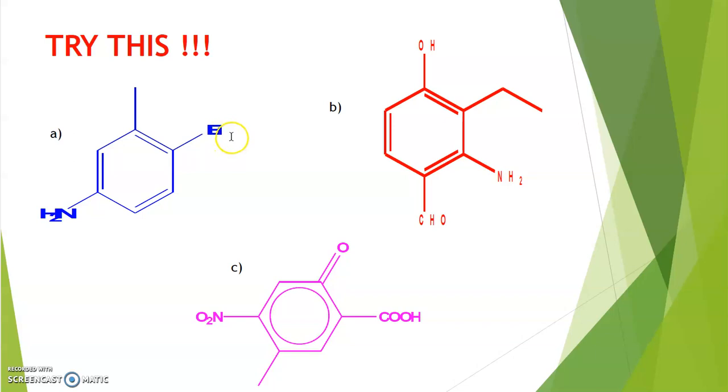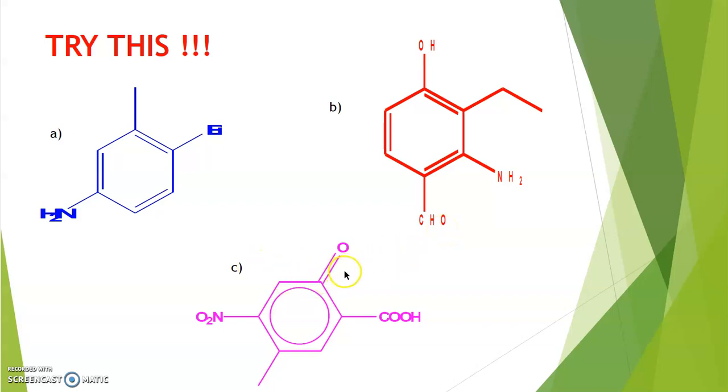It has changed a little. For A, you have NH2, you have methyl, and you have Br here. There's something wrong somewhere here, but it's okay. Then for B, you have OH, ethyl, amine, and aldehyde.